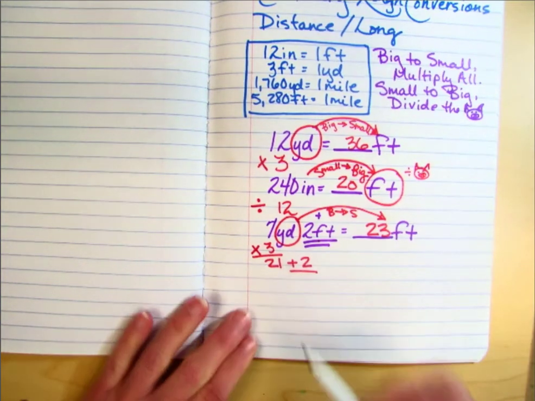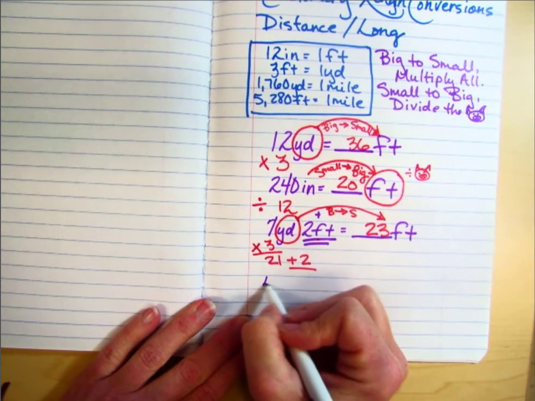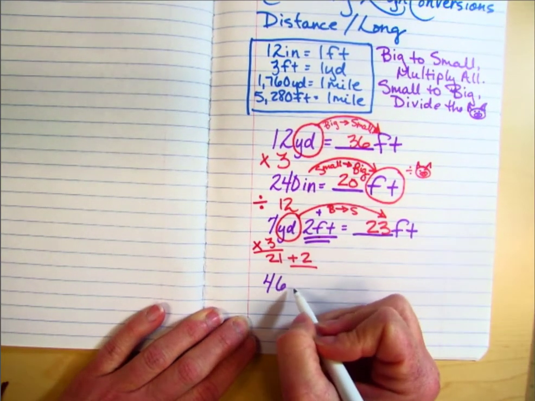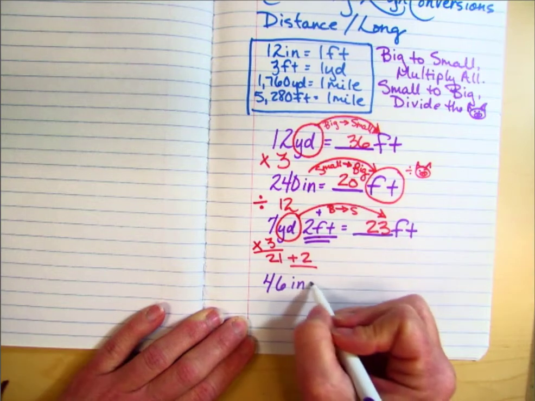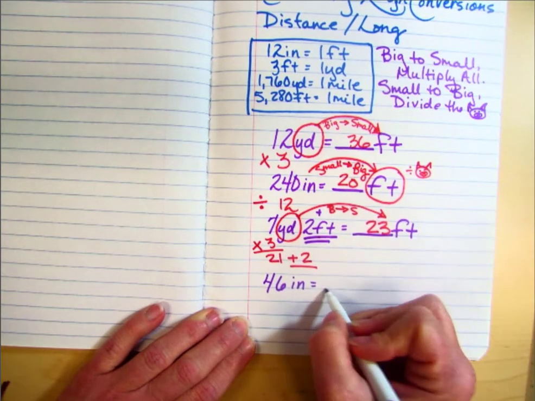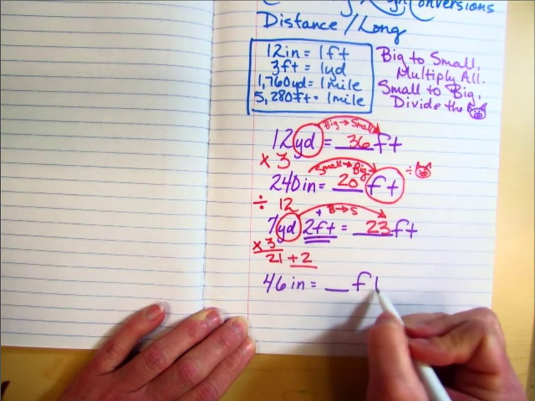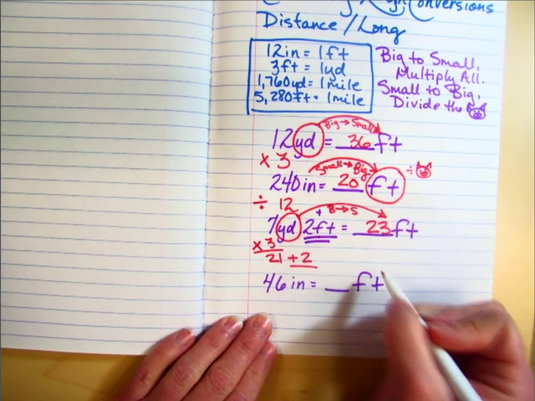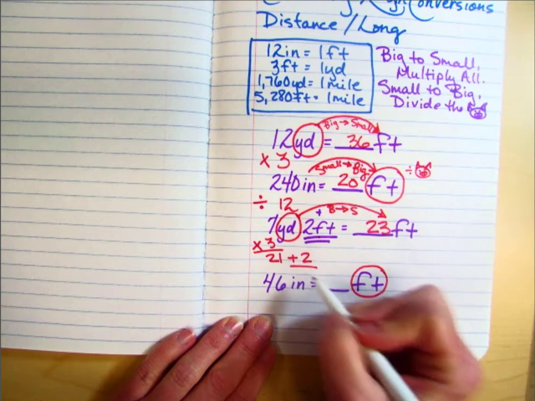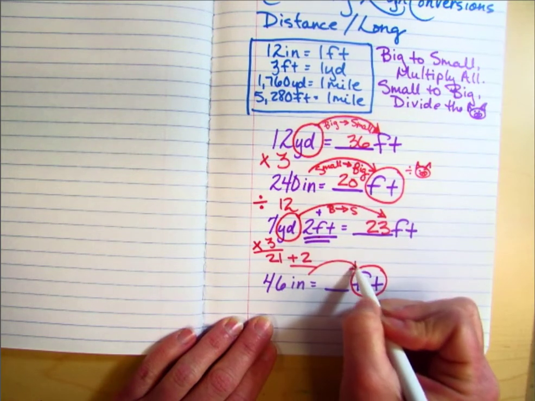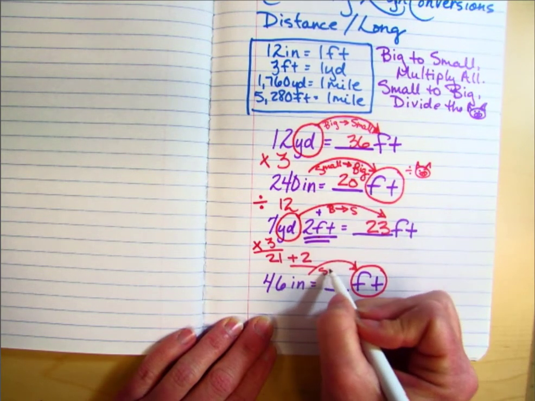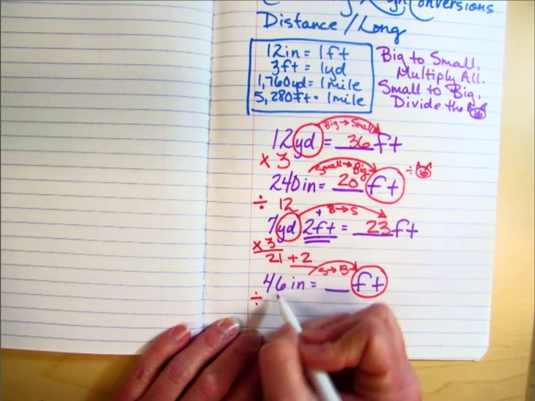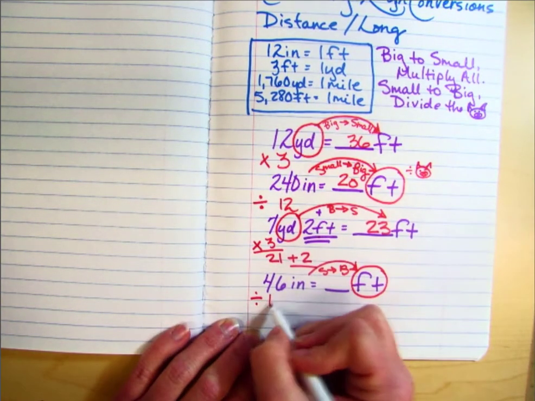Sometimes you're going to have conversions like this where it's not going to divide evenly. You're going to have a remainder. So if I have 46 inches and I want to know how many feet that is, I'm going to do the same as I did. Inches and feet. Feet are my big. I'm going small to big. So I'm dividing, and I've got 12 inches in a foot.